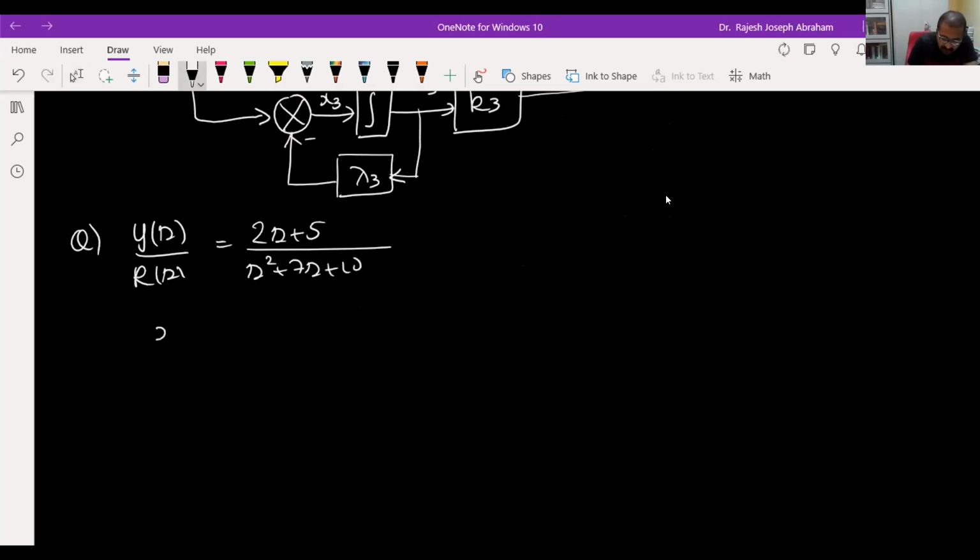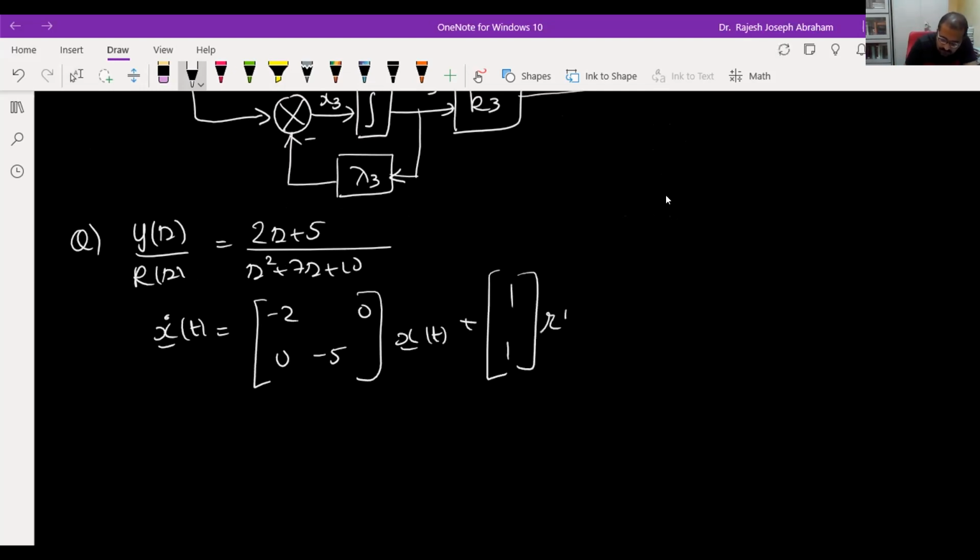So straight away I can write x dot will be minus 2, 0, 0, minus 5 into x plus 1, 1 times r. Okay, and what will be y of t? y of t will be 1 by 3, 5 by 3 into x of t. You can solve it for yourself and get convinced. Okay. So this was the case when our transfer function had distinct poles.